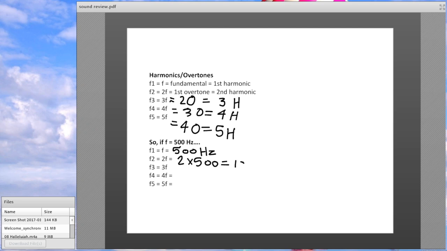We're going to have 1,000 hertz for F2. For F3, we're going to have 3 times 500, so we'll have 1,500. For F4, we'll have 4 times 500, which is equal to 2,000.